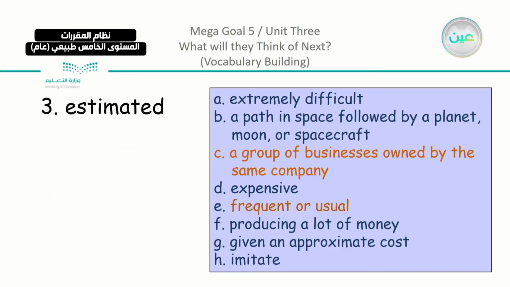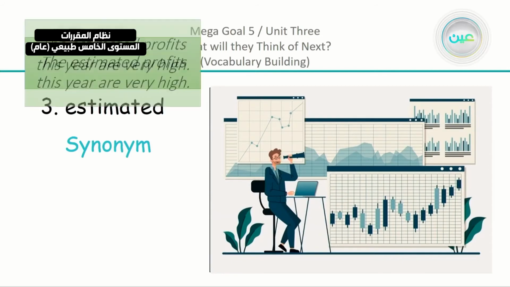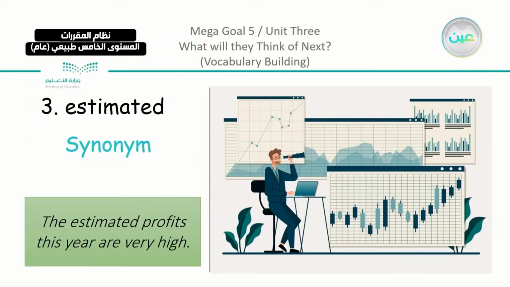Moving on, we have the word estimated. Estimated here is actually not a very new word, but okay, we will discuss it and see what we have that is new. Now the synonyms that you have here, we can say, for example, the estimated profits this year are very high.